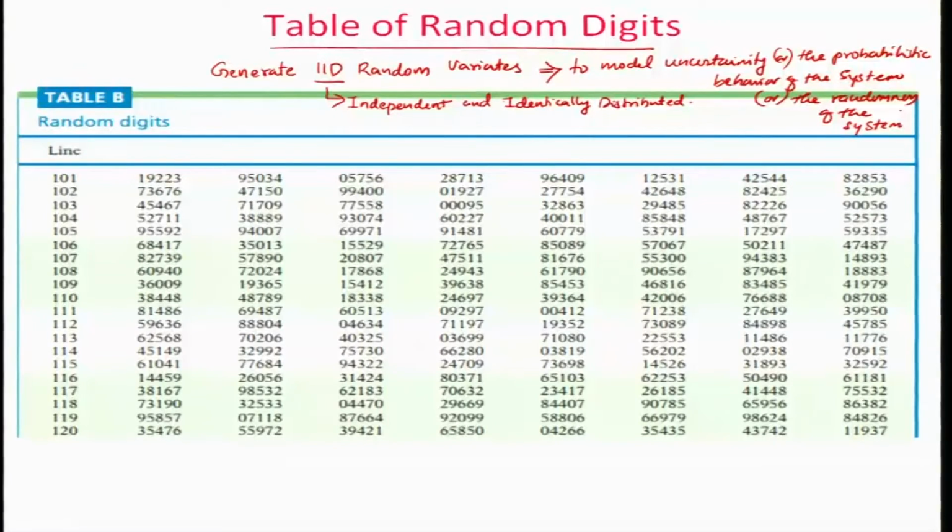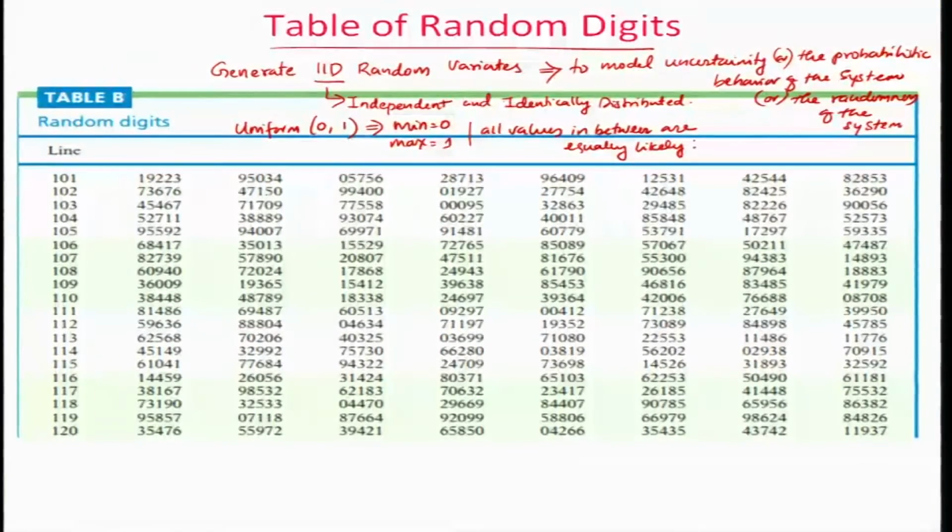One of the most common options is to take uniform 0-1 random variates, which means the values will always be between 0 and 1, and all values are equally likely. That means minimum equal to 0, maximum equal to 1, and all values in between are equally likely.